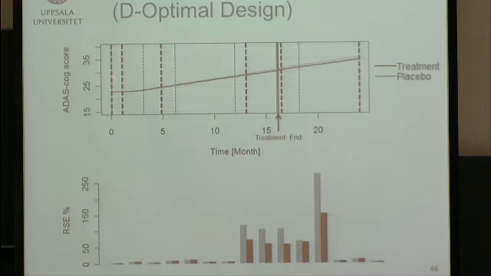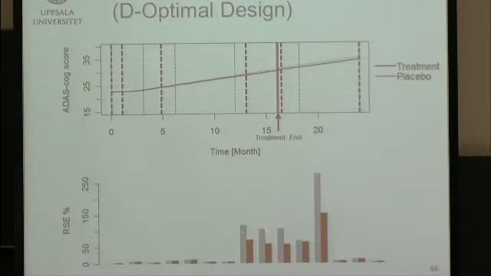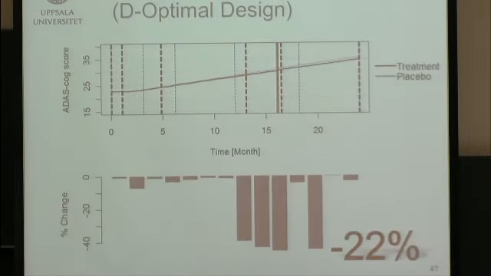So we have samples here, here, here, here, and then two after the treatment stopped. If we look at the relative standard errors, here in gray are the ones for the default design, and in red the ones for the optimized design. We see a reduction, on average minus 22%. Here I plotted the change from this default design.